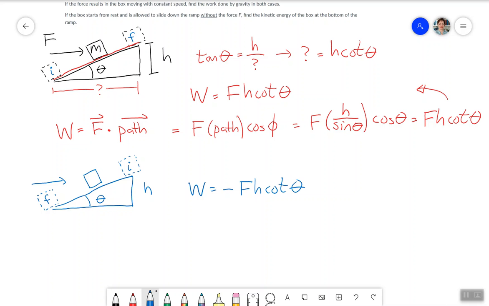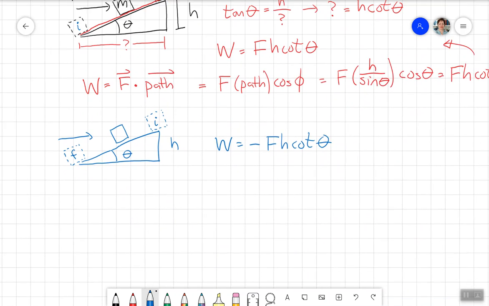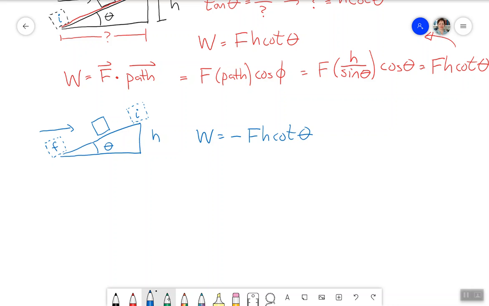Okay, for what's left then on this problem, we're going to use the work energy theorem. And the work energy theorem says that the total work that's done is equal to the change in the kinetic energy.